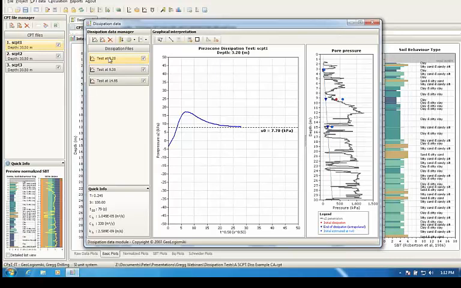If the vertical one is the one you want, then of course lab testing can be quite useful. So for high-risk projects where the budgets warrant, it's obviously nice to do CPT, some dissipation tests, followed up by selective sampling and high-quality lab data to compare the two.